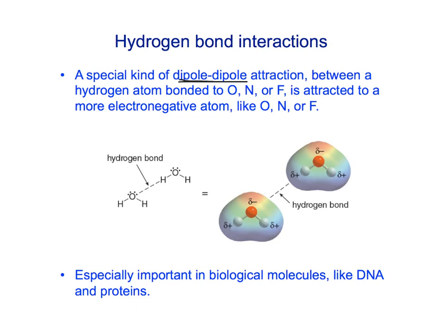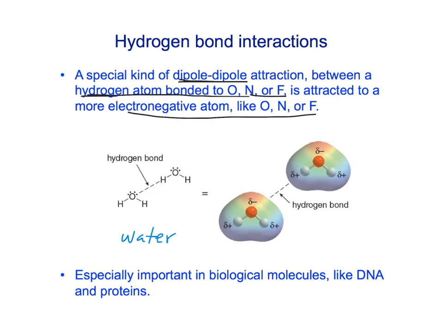So what's necessary is a hydrogen atom that's attached to either an oxygen, a nitrogen, or fluorine, and that hydrogen will be attracted to a more electronegative atom like an oxygen or a nitrogen or a fluorine. So hydrogen bonding interactions are very important in water.